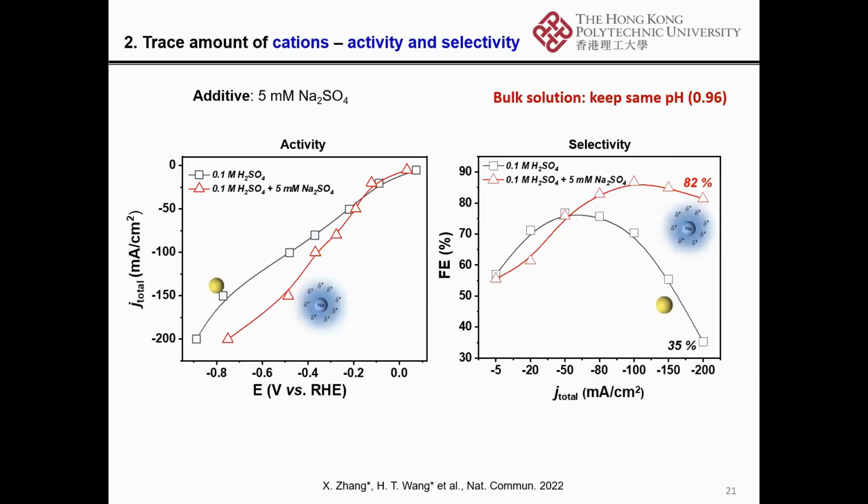Then we developed a method. We add a small amount of ions, because sodium ions are very common; we can get them in our daily life from salt and other sources. If we introduce only 5 millimole, a very small trace amount of sodium, we can see both the selectivity and the activity are improved. As a comparison, at 200 milliamp, the selectivity for hydrogen peroxide production can go over 92%, much better than pure acid.